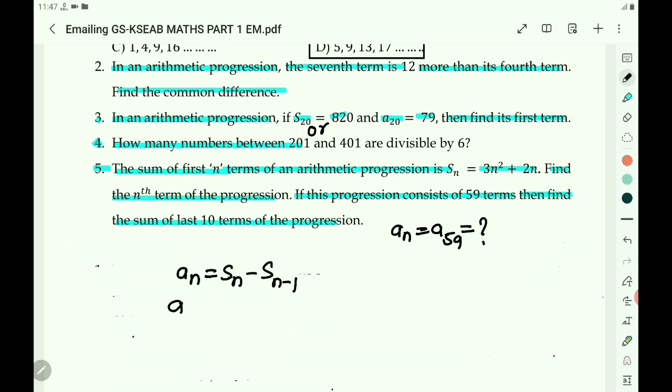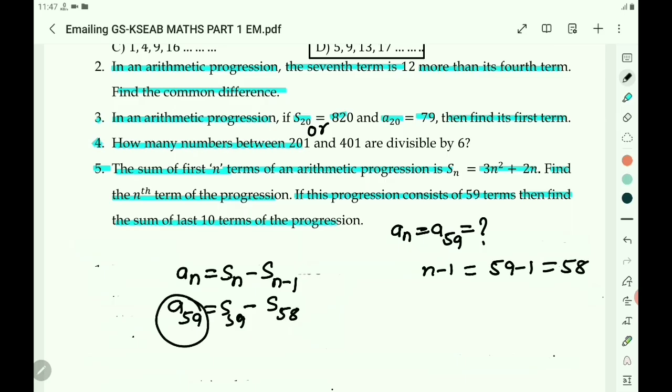Then you can have a59 is equal to, in the place of n, what you have to take? 59. S59 minus S(n minus 1), which means 59 minus 1, which is equal to 58. So you write 58.